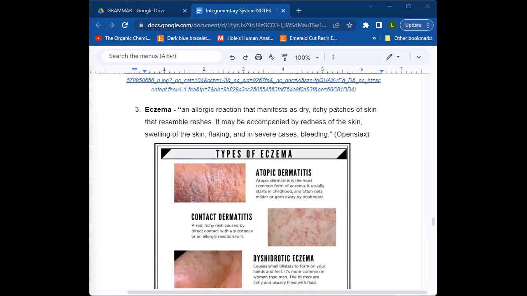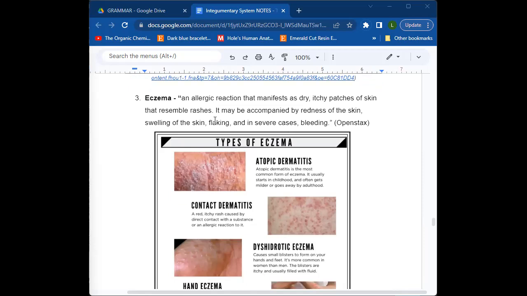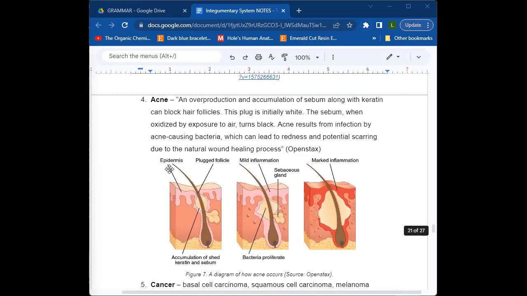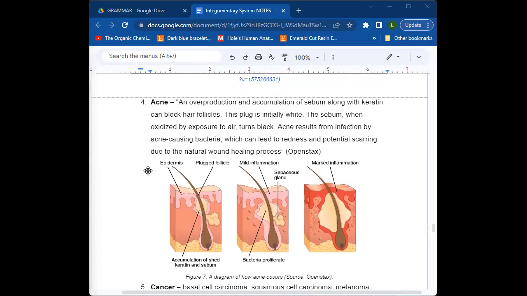Like I said, there are many different types of eczema and dermatitis, but they'll all have the itching, the redness, and the dry skin. That's what they'll all have in common. And then acne is an overproduction and accumulation of sebum that blocks hair follicles.